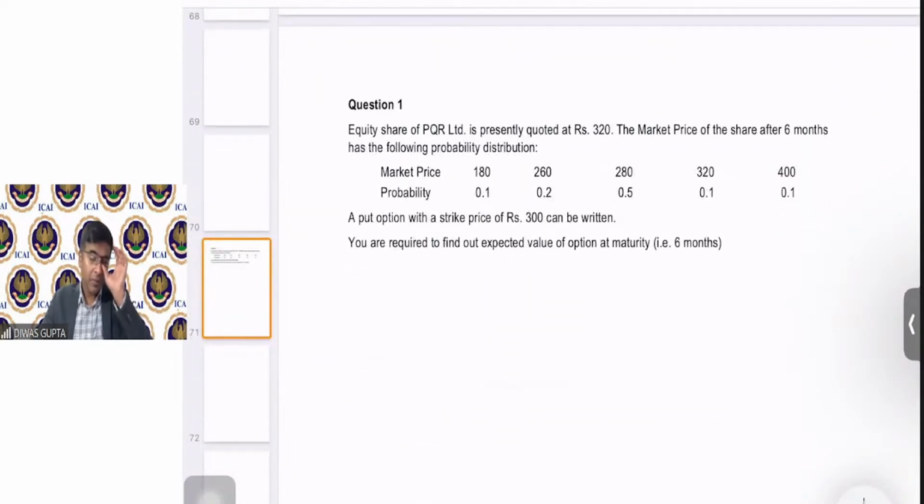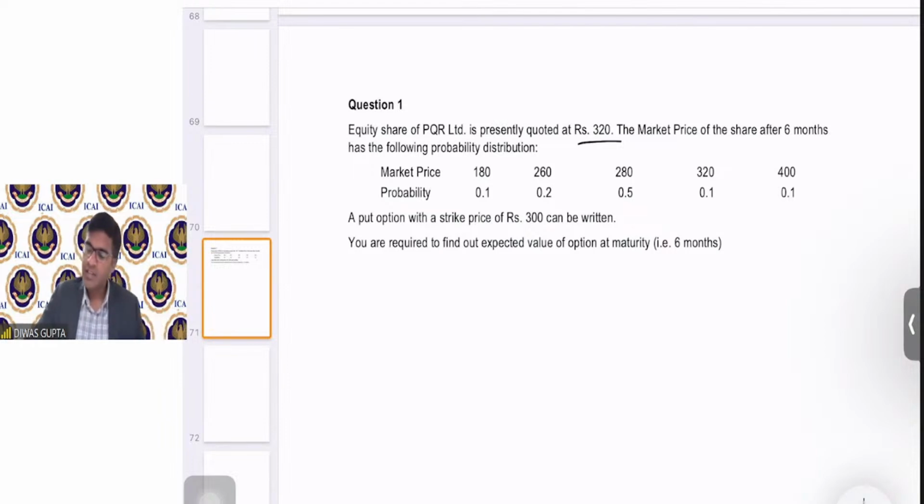Question number 1 says that equity shares of PQR Limited is presently quoted at 320. The market price of the shares after 6 months has the following probability distribution.